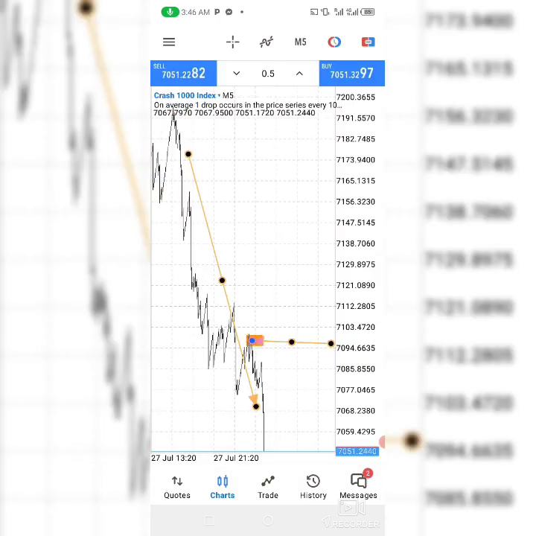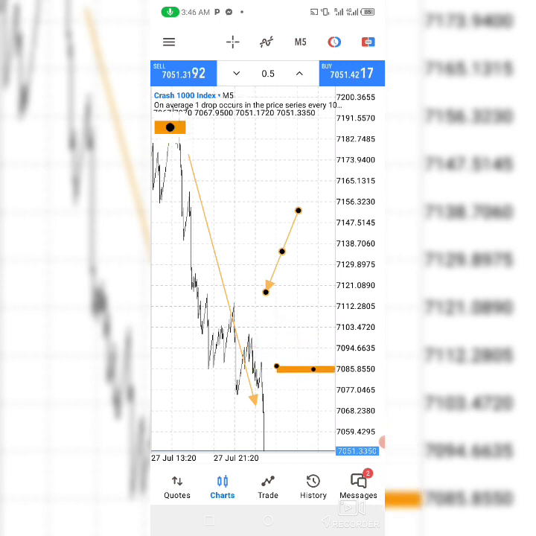Okay, so the reversibility theory says that if a market, let's select a point that is along the major direction. So let's select this point, which is in the downward direction.